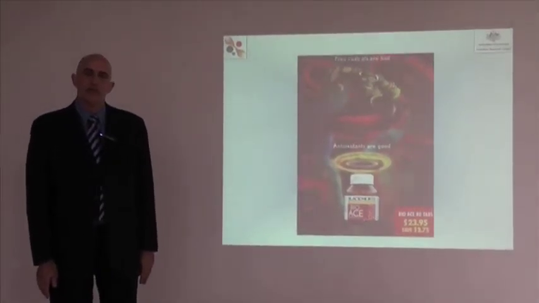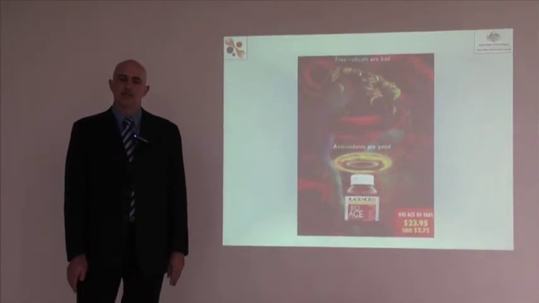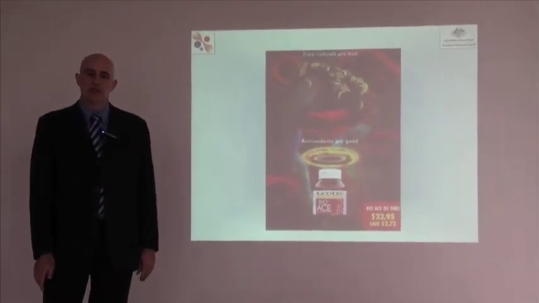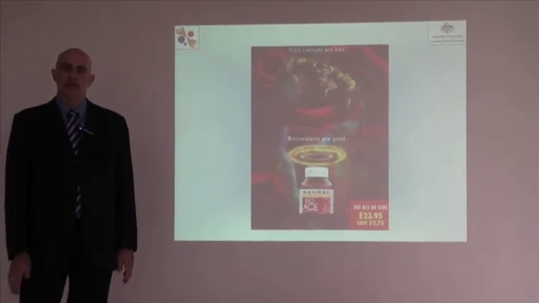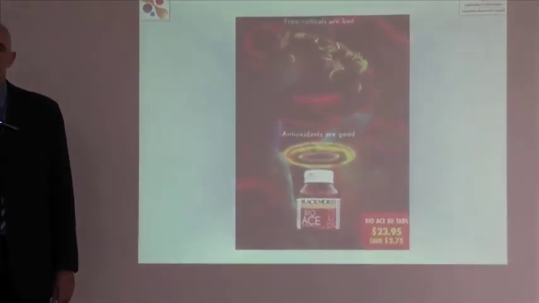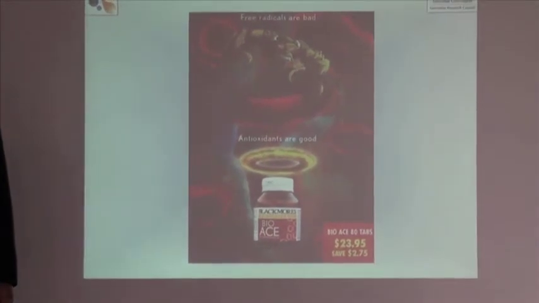What you will have seen in the media and in advertising in newspapers and magazines is advice about antioxidants. And we all know about antioxidants. Antioxidants are out there to combat free radical damage.